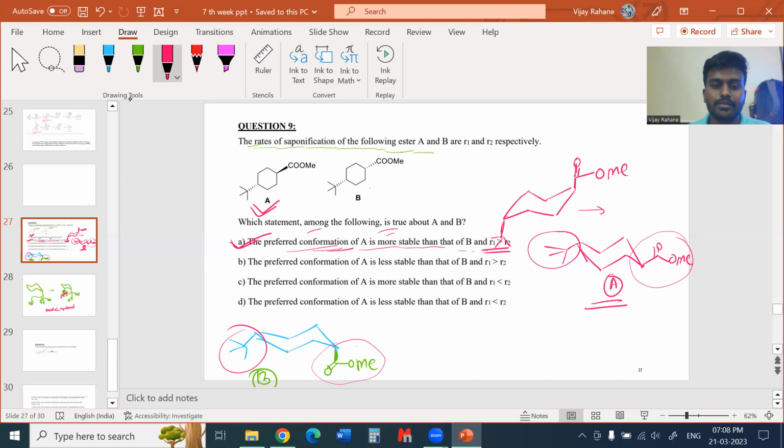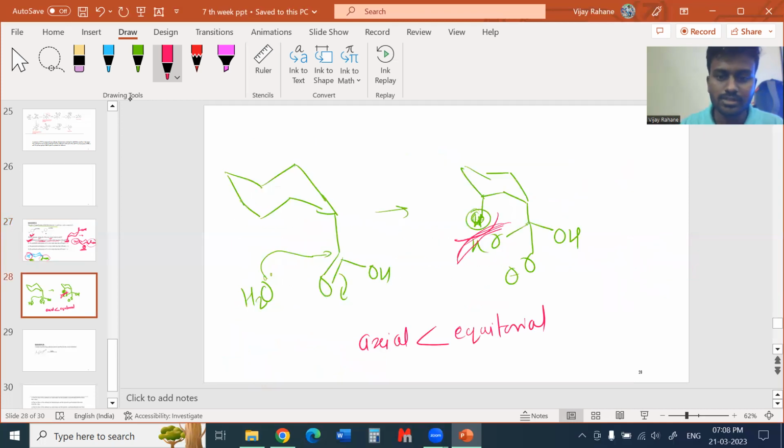So option A is the correct option here. If one asks why the rate of hydrolysis is slower for the axial one, it is because the intermediate involved is a tetrahedral intermediate, and again it takes up some space. So there will be steric crowding between this axial hydrogen and these axial groups as well as this water molecule.